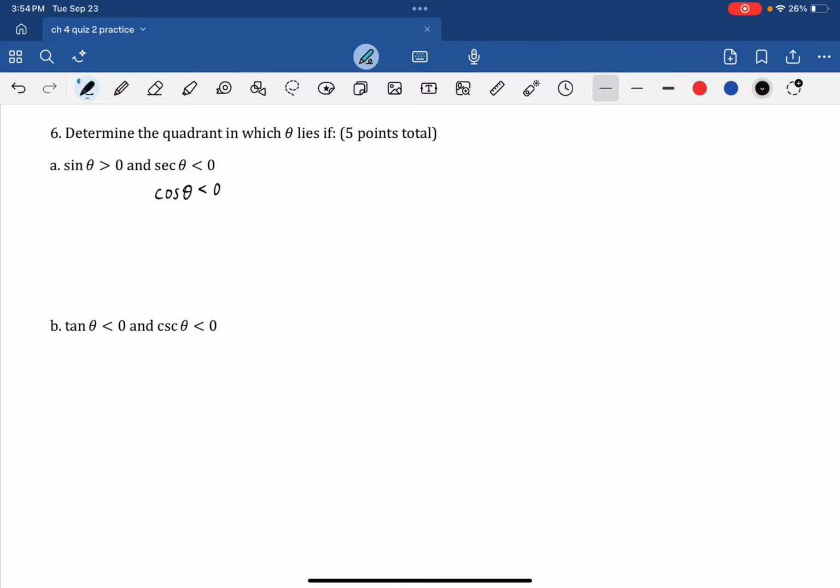And so that means we need a quadrant where y is positive and x is negative. Somewhere on the unit circle where y is positive and x is negative. Okay? And clearly if y is positive, it must be somewhere up here. And if x is negative, then it must be somewhere here. So that tells us that it's in quadrant 2.